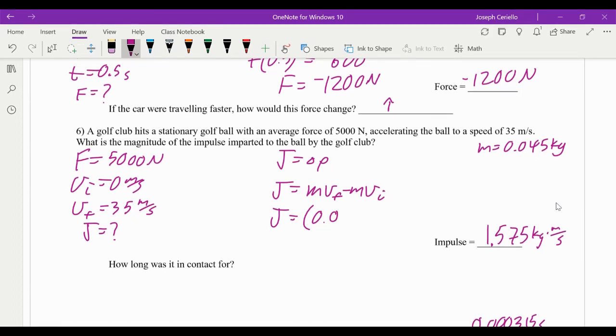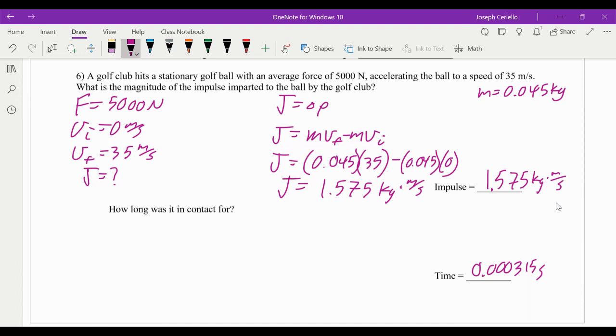I don't have to plug in the units because I wrote them down in the givens. And the impulse is about 1.575 kilograms times meters per second.